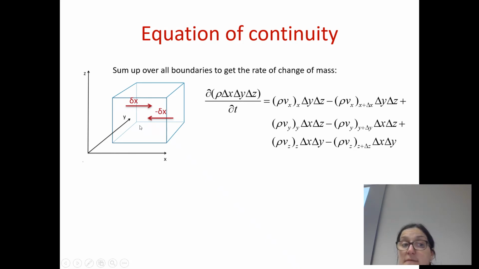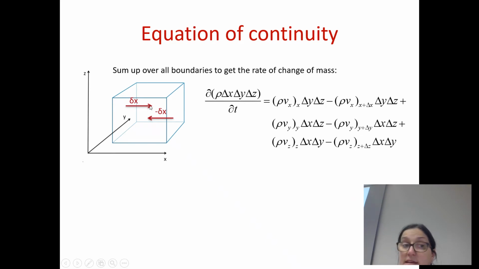And I do the same for y direction and z direction. That's this. Rho Vy evaluated at y times area, which is now delta x delta z. That's this front here. Yes? Minus rho Vy at y plus delta y times delta x delta z.